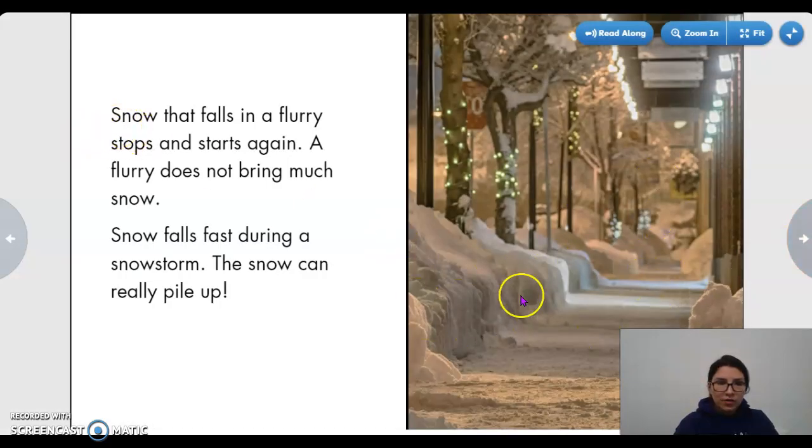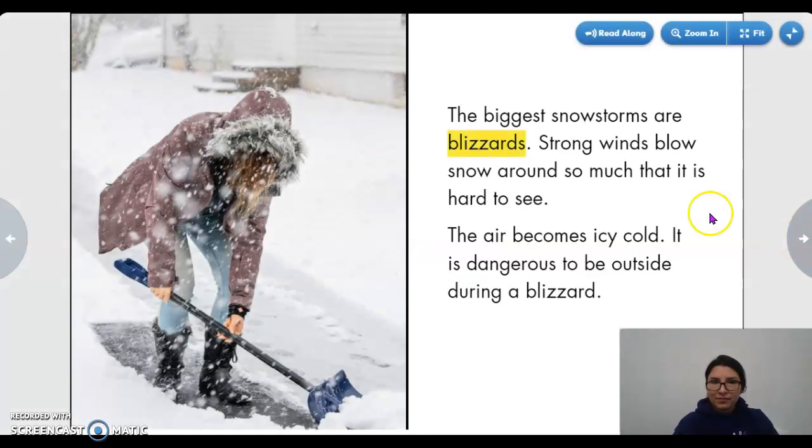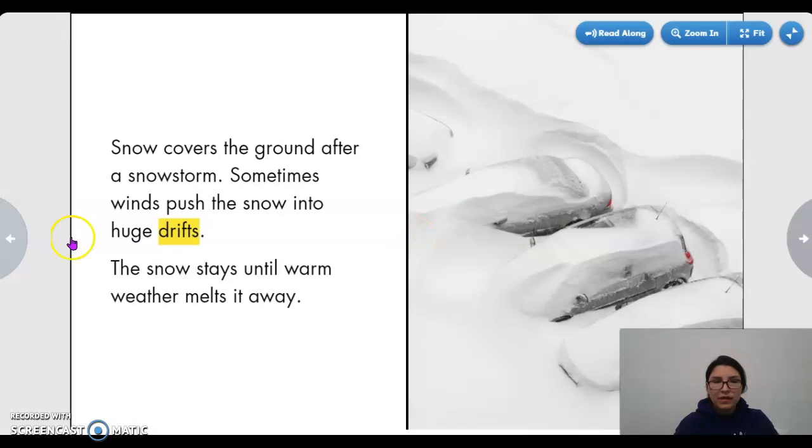Here's some more snow right here. Snowstorms, snow, and that was a picture of snow. Whole bunch of snow right here. Snow, snowstorm, snow.